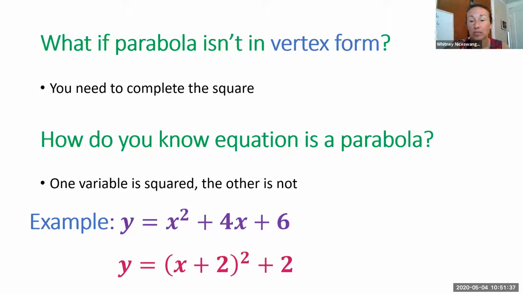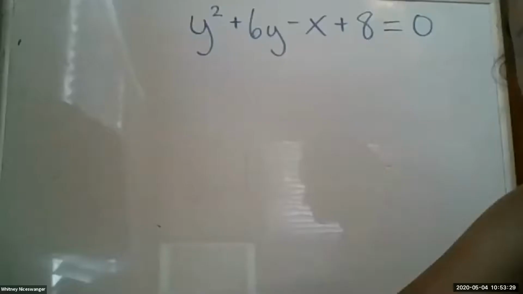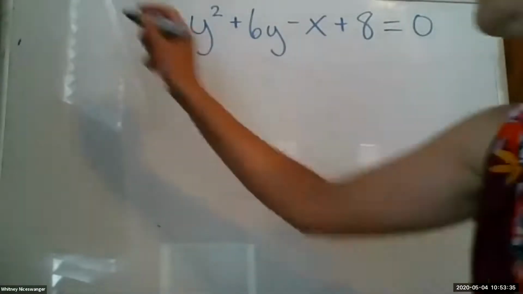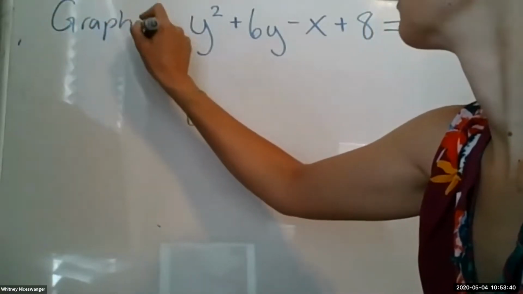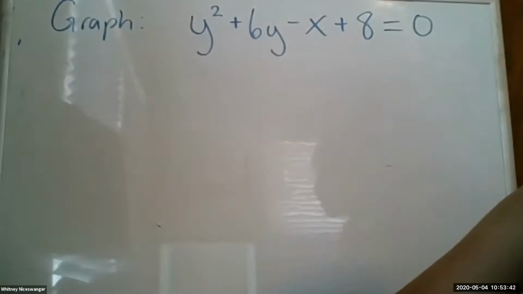Let's do one more example with a parabola that opens left-right. Okay, so let's take a look at this equation and graph this guy. y² + 6y − x + 8 = 0.